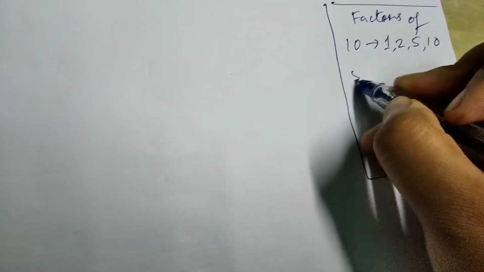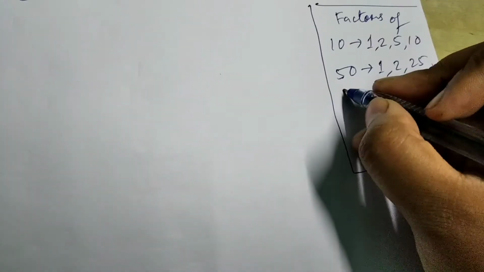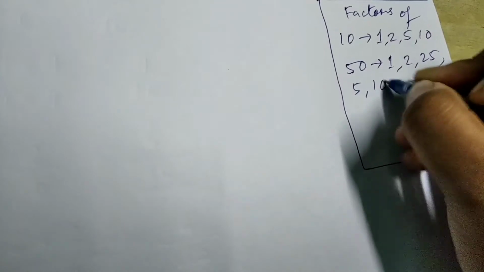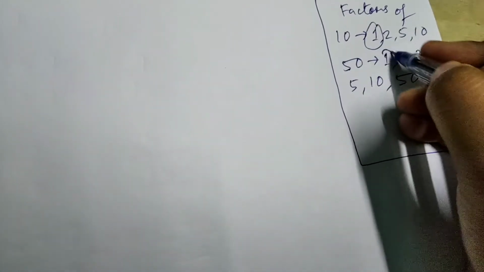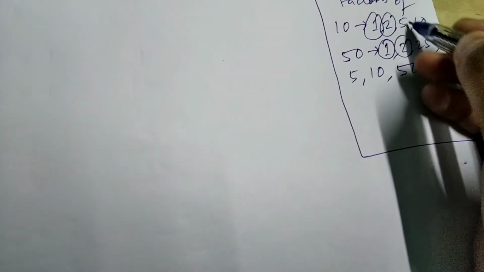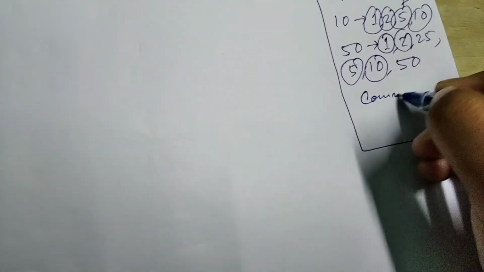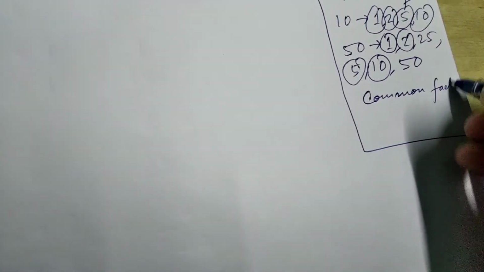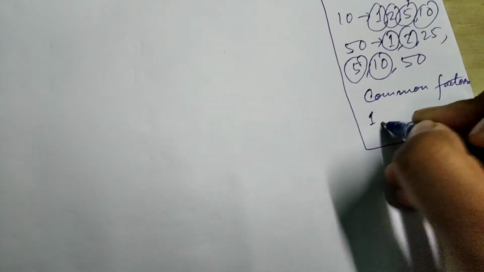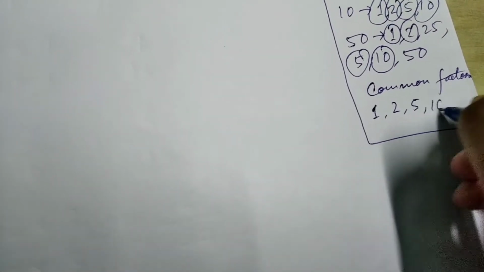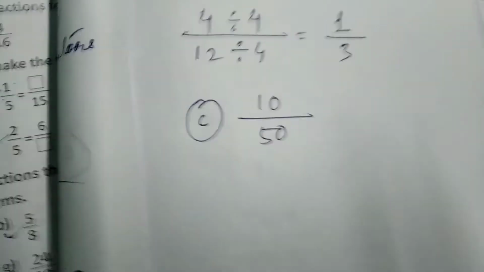Of 50 you get 1, 2, 5, 10, 25, 50. So the common factors are 1, 2, 5, 10. Which one is the highest you need to divide with? 10 is the highest, so you divide with that.